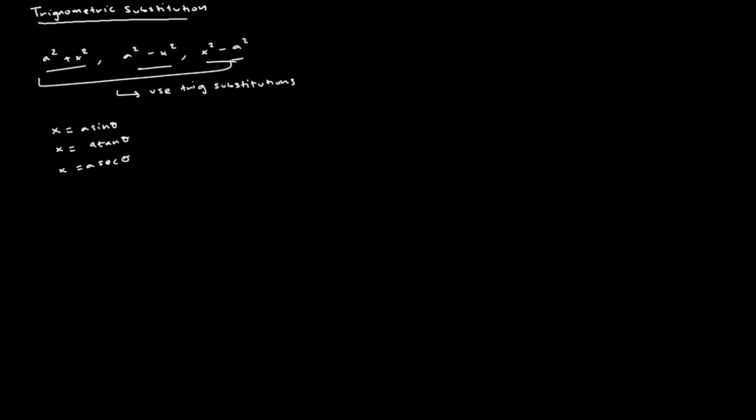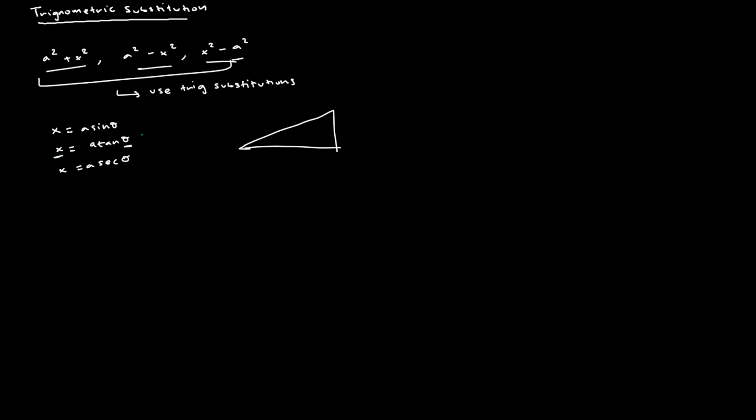And where am I getting all this from? Let me show you. Trigonometry is very related to the right triangle, right? So we're essentially substituting x for the variable theta, and that's the new variable we're defining.